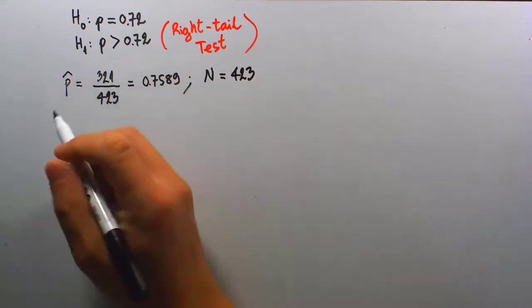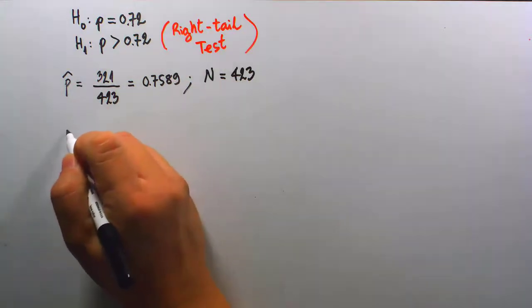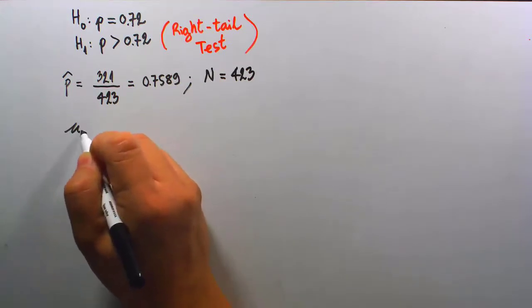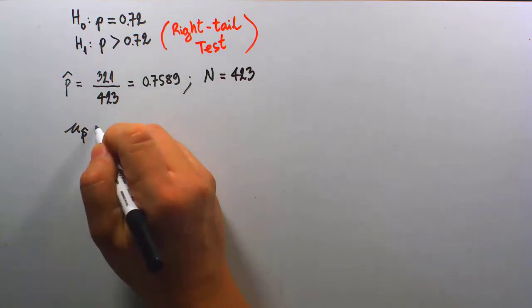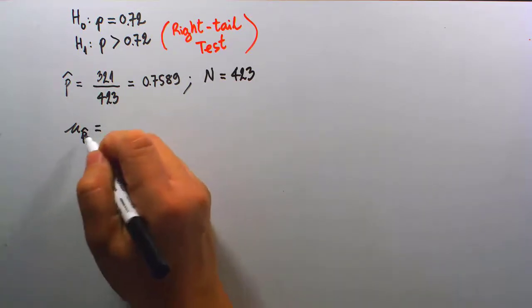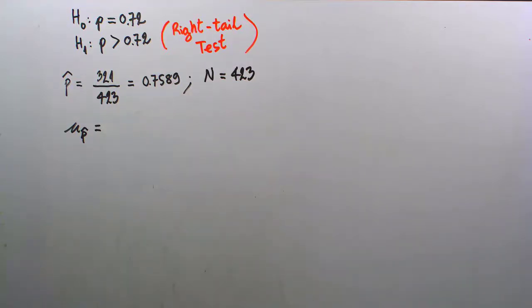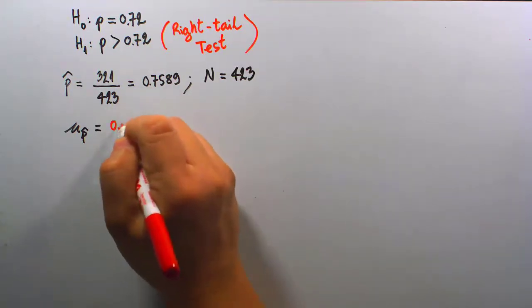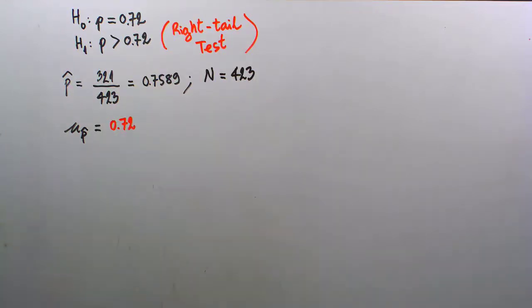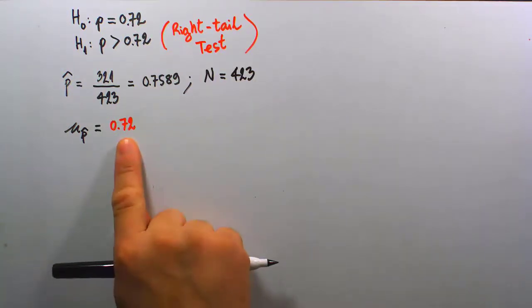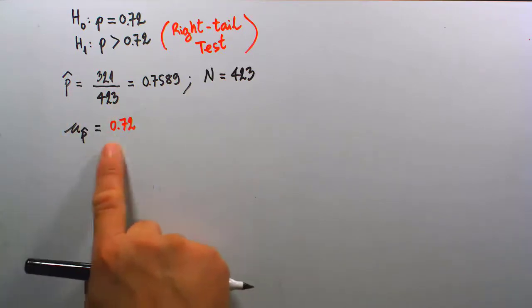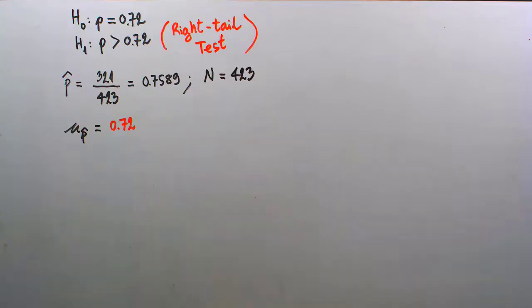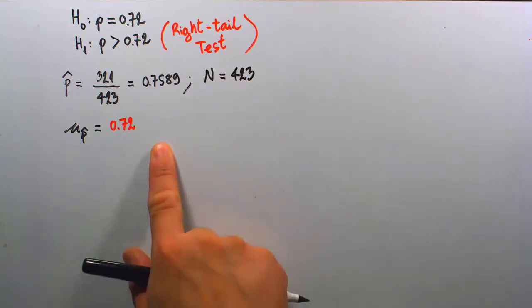So the mean value of our sample proportion, which symbolically I notate by mu p hat, this average of all sample proportion values must be equal to 0.72. Allow me to save the explanation of how and why mu p hat equals 0.72 for the end, after we put all the steps together to arrive at our final conclusion.